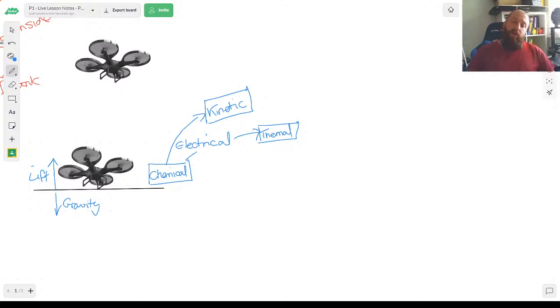If it's not, I've still got the energy transfer because I'm still pushing air out of the way, which is still creating kinetic energy in that case, because we're still pushing those air particles out of the way.